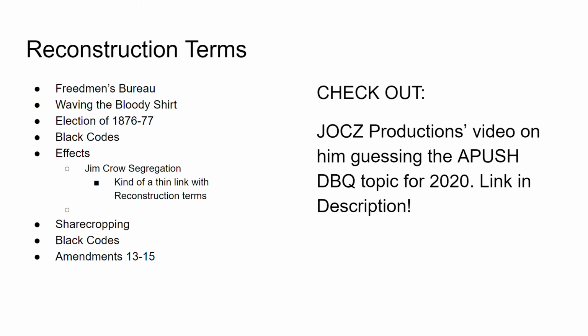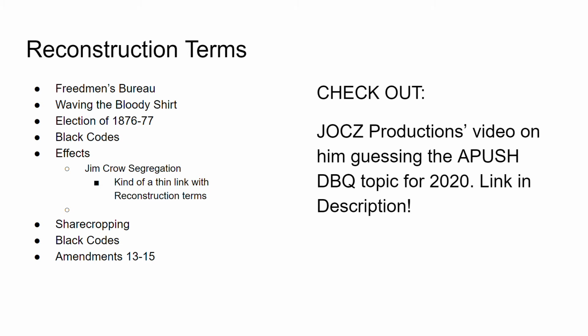And so we also have sharecropping. This was happening during Reconstruction. I know this ordering is weird, but I made this pretty fast. Sharecropping is kind of known as slavery by another name, and it essentially was. With the combination of black codes in the next bullet point, they kept African Americans tied to farms and plantations.